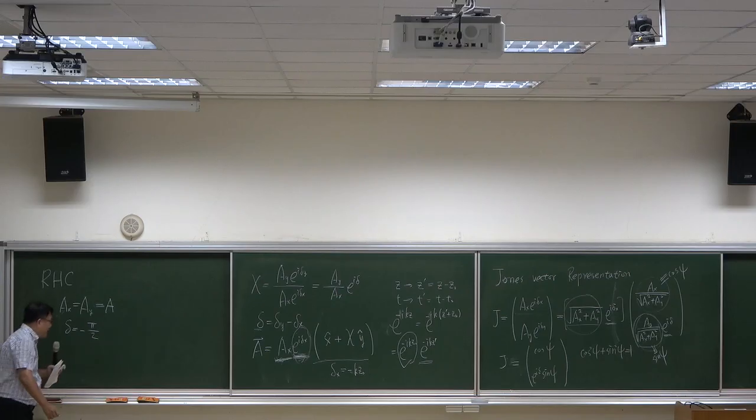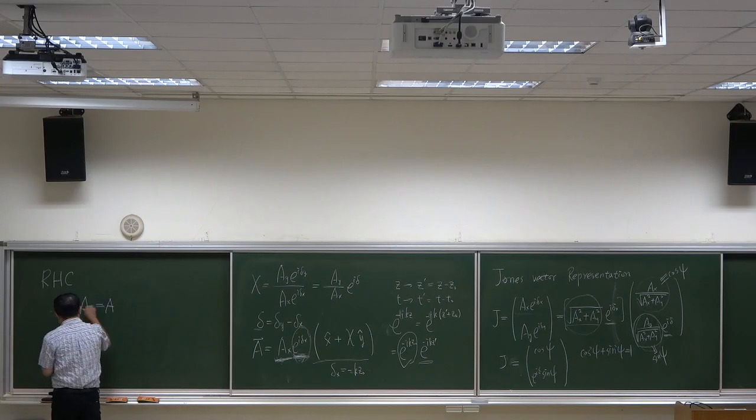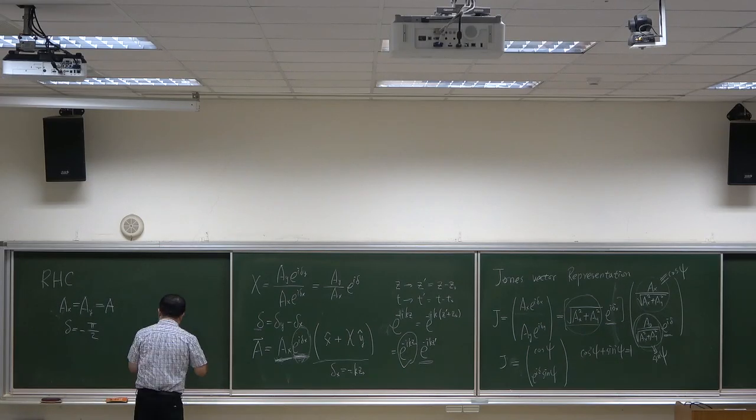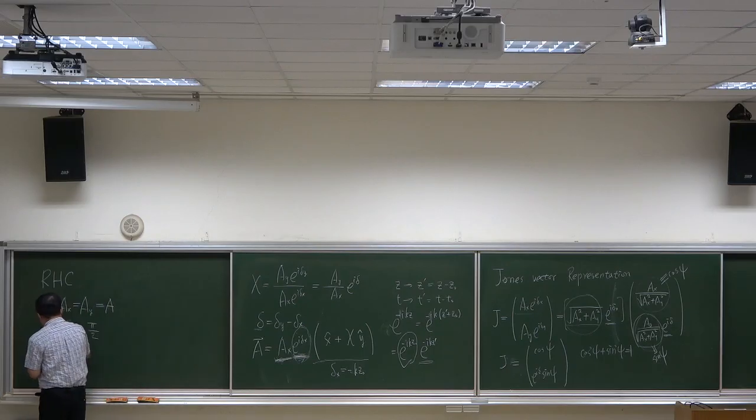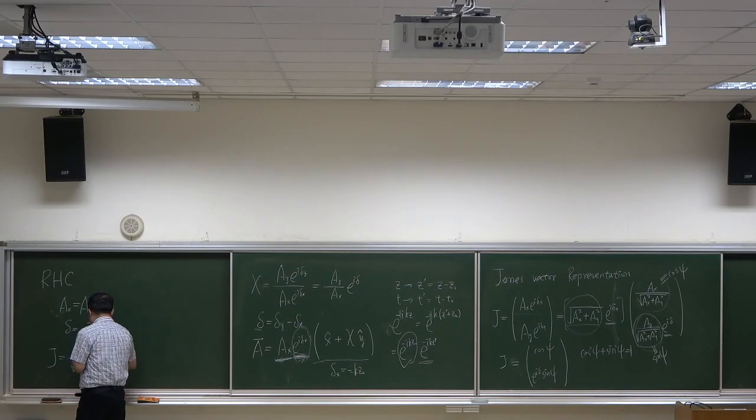If I write down the Jones vector for the right-hand circularly polarized light, the normalized form is given as this.